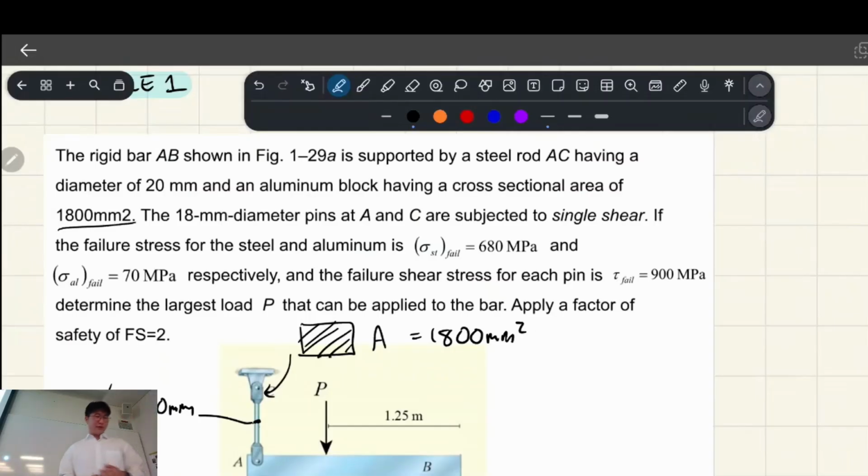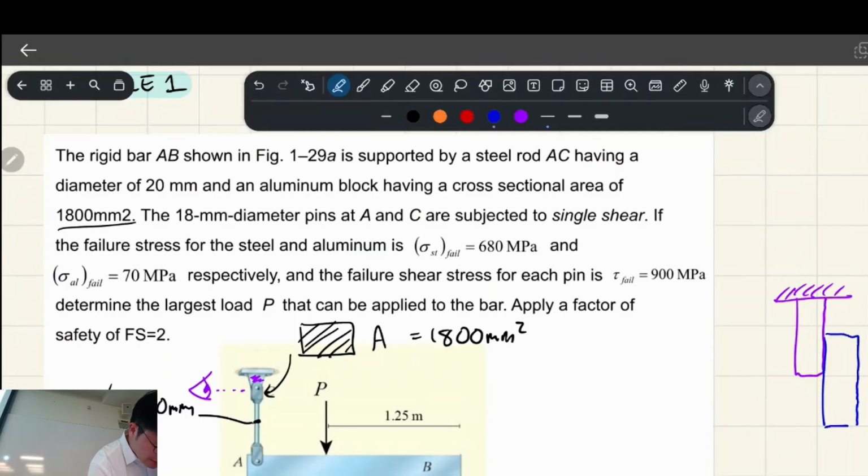And then also, we have pins at A and C, and they're subject to single shear. So, what's the best way to look at this? Pretend I'm looking at it side on. That's your hanger, which is at the back there, and then maybe that's your aluminium block.